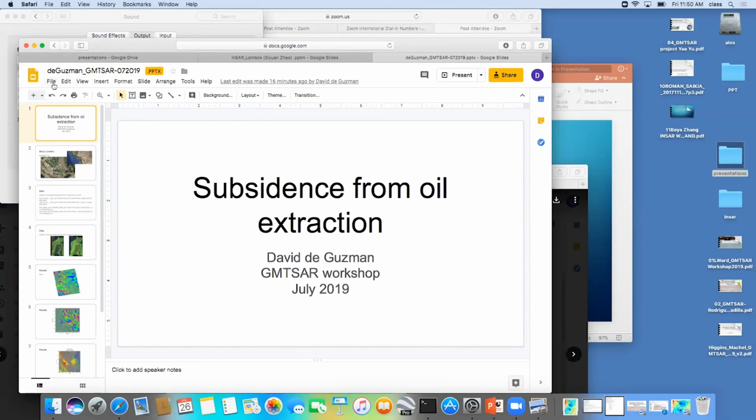Present. It's this little button here, and then it's the second one down. Yeah, the arrow, and then present from the beginning.